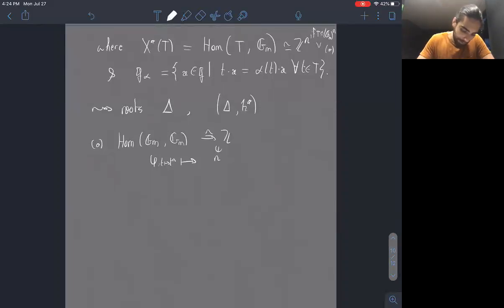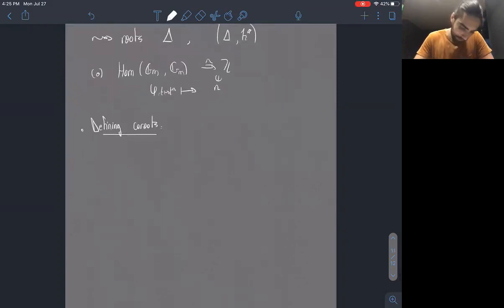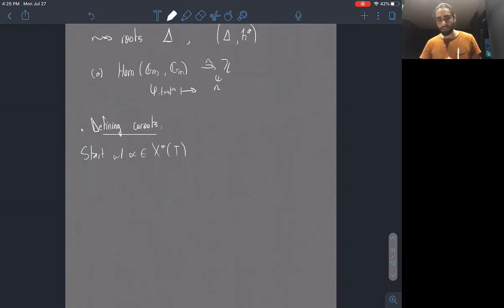But now, if we want to define coroots, we run into an issue, which is that we no longer have a Killing form to just give us the correspondence for free. So we need to do a little bit of work. And here, if we start with a root alpha, what we do is use the analog of the so-called SL2 embeddings in the Lie algebra setting that are associated to every root.